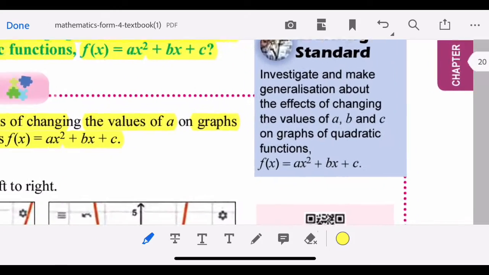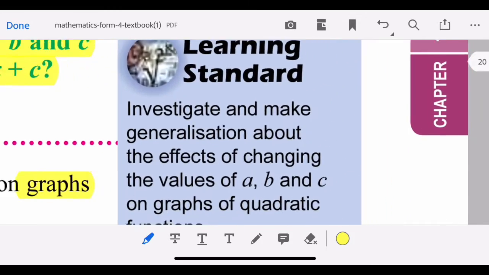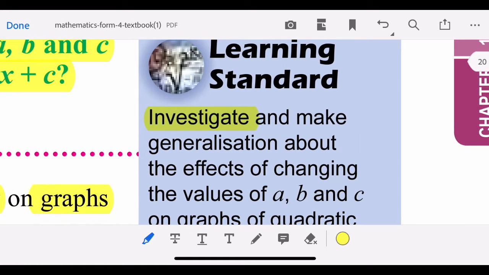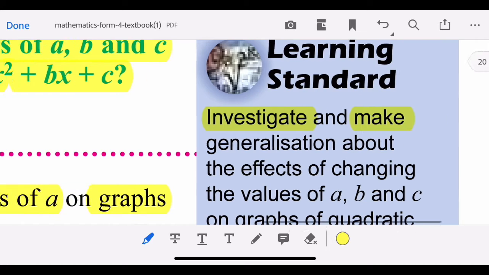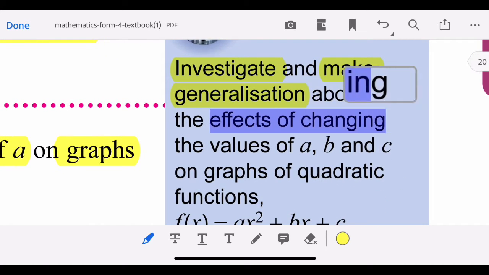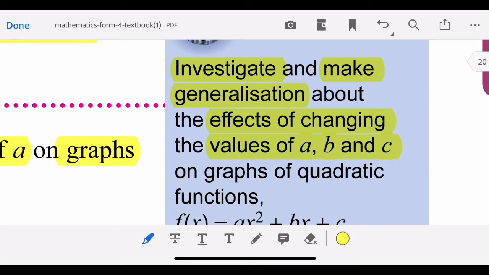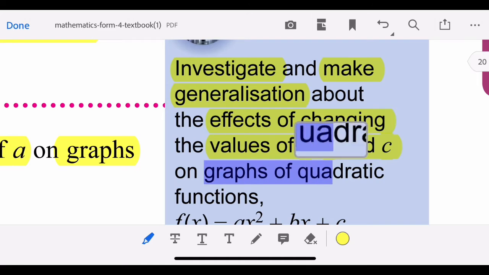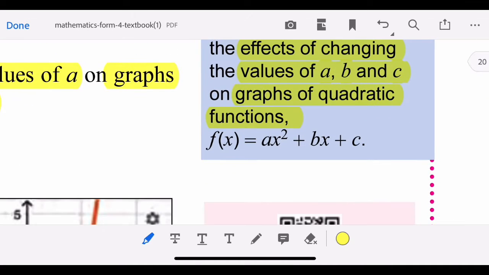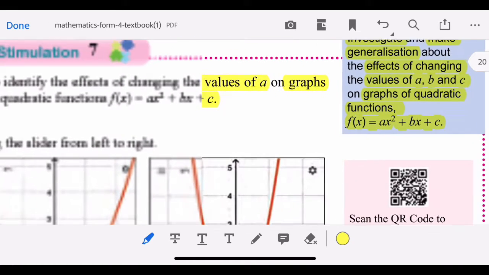So, today's learning standard is to investigate and make generalization about the effect of changing the values of a, b, and c on graphs of quadratic functions f(x) equal to ax squared plus bx plus c.